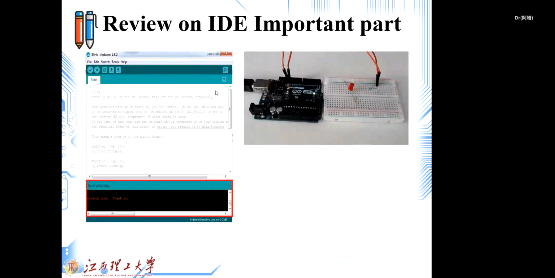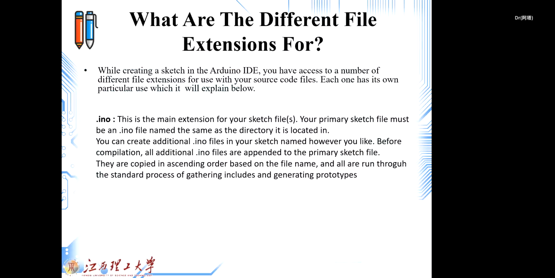When you load the program properly on Arduino, you can have this message of done uploading, and your program can work on the real hardware part. That was the most important part.